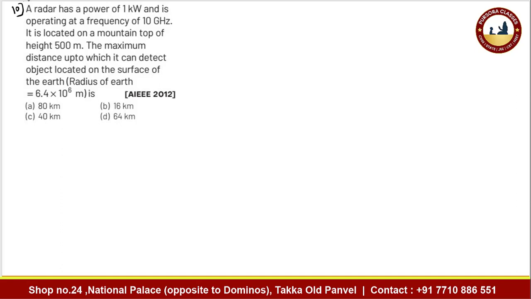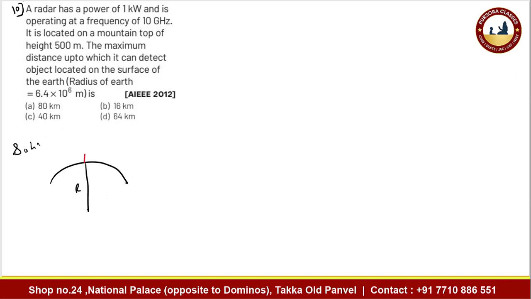In the next question, students, a radar has a power of 1 kilowatt and is operating at a frequency of 10 gigahertz. It is located on a mountain top of height 500 meter. The maximum distance up to which it can detect an object located on the surface of the earth of radius R will be, okay, suppose this is the radius of the earth.